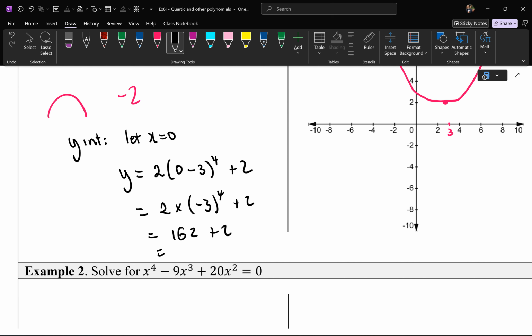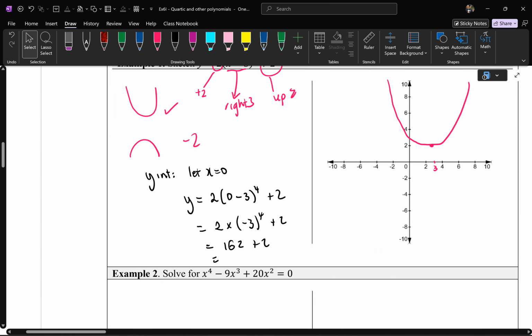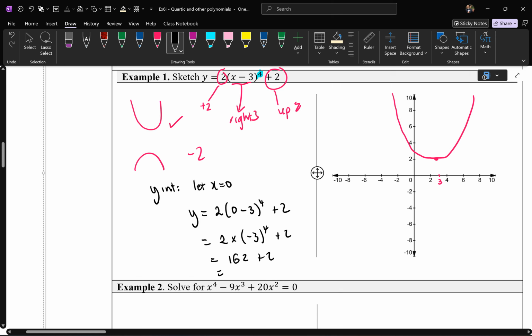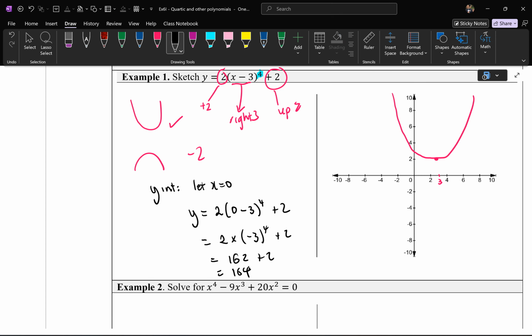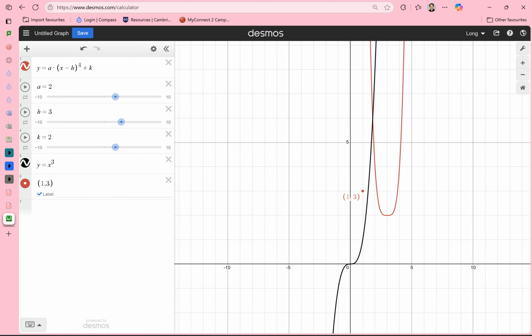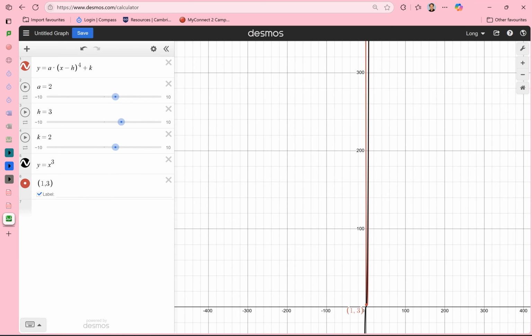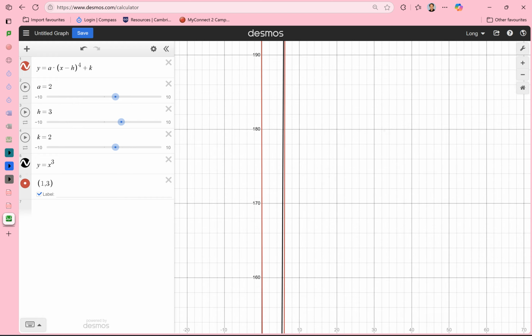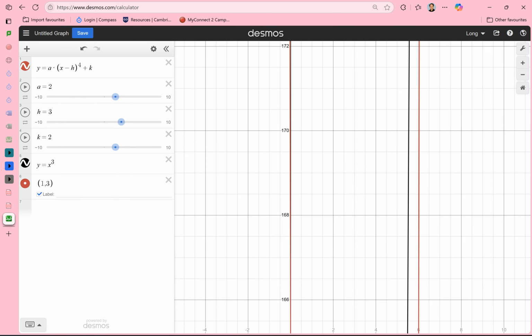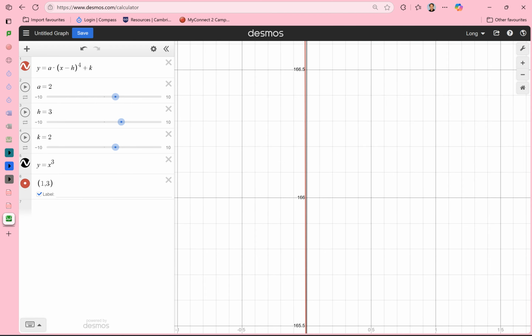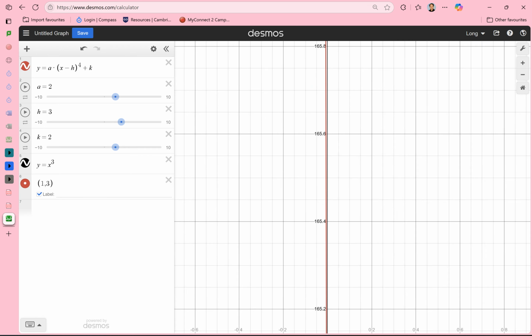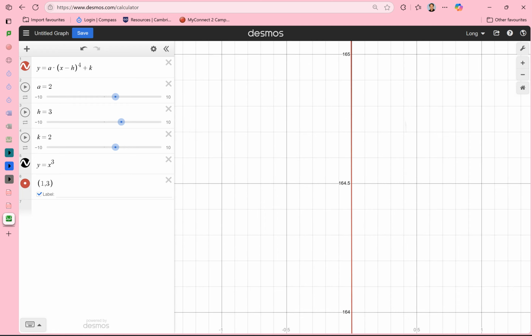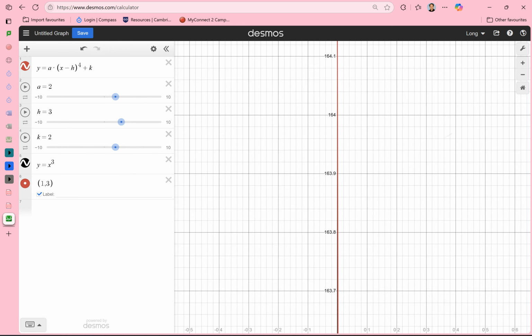So, of course, my y-intercept couldn't have been at 3. It makes sense the y-intercept was at 164, which now if I go back, let's zoom out. Let's see where 164 would be. Let's see if it's true. 164 should be somewhere over here. Let's go out a bit. 164 is right there.